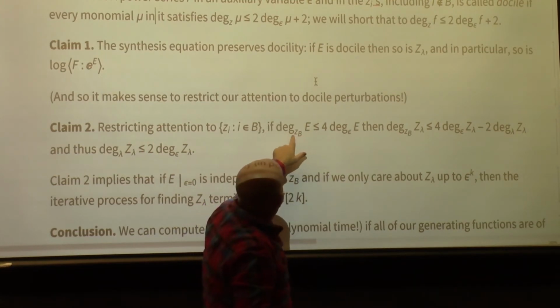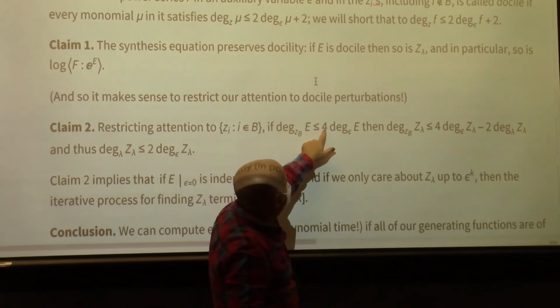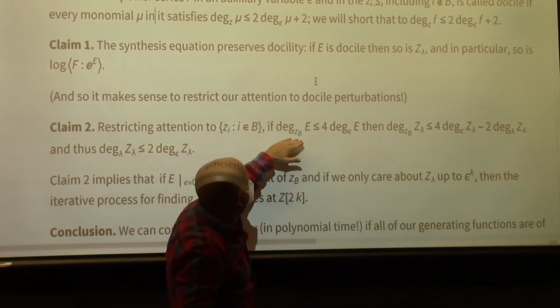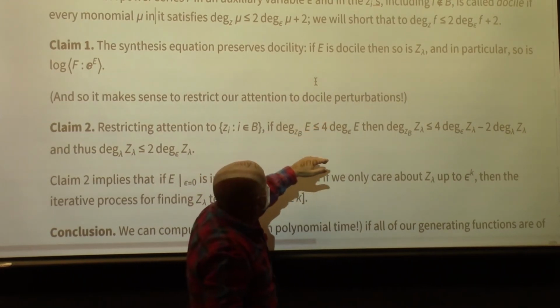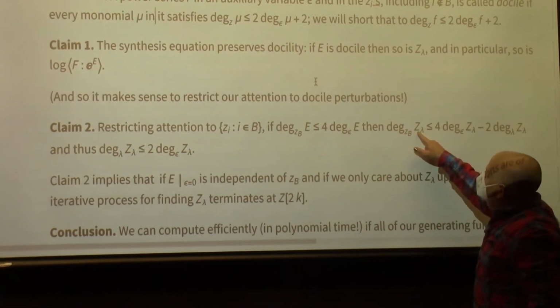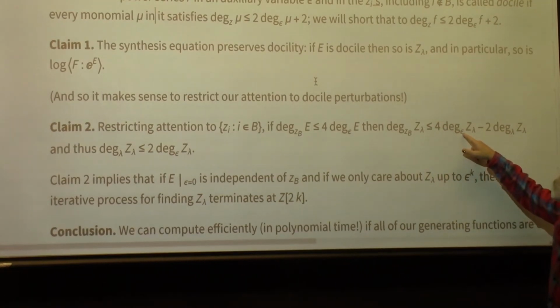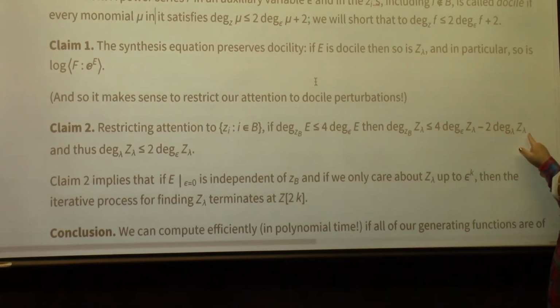If the degree with respect to these variables in the initial term, in E, is less than 4 times the degree with respect to epsilon of E, so by this I mean every monomial in E, then the degree with respect to these variables of z lambda is less than or equal to 4 times the degree with respect to epsilon of z lambda minus twice the degree with respect to lambda of z lambda.